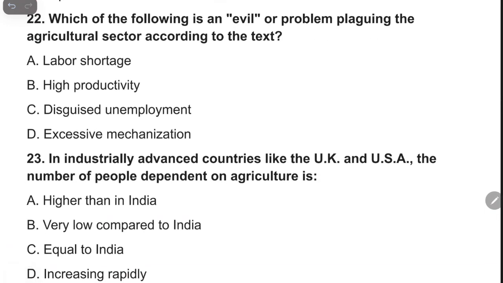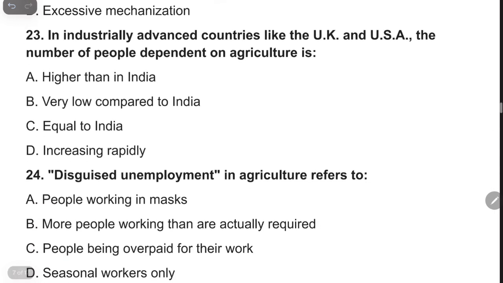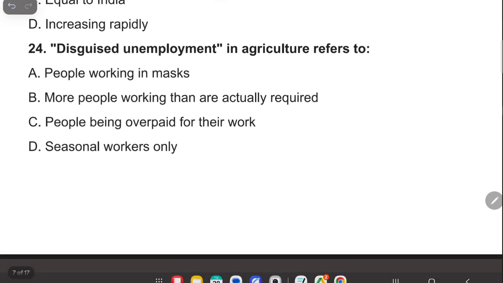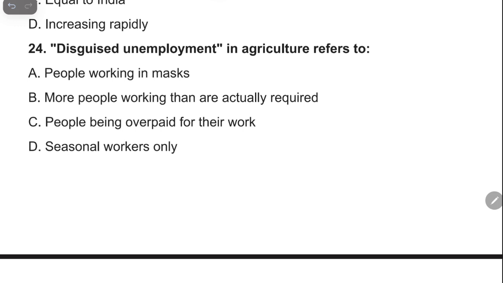Which of the following is an evil or problem plaguing the agricultural sector according to the text? Disguised unemployment. In industrially advanced countries like the UK and US, the number of people dependent on agriculture is very low compared to India. Disguised unemployment in agriculture refers to more people working than they are actually required.